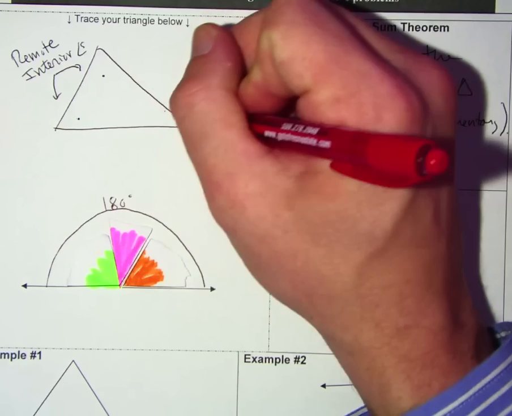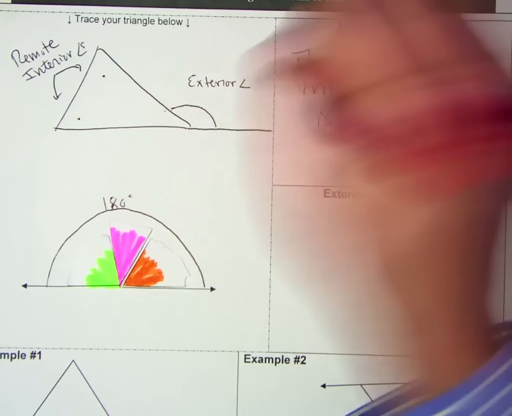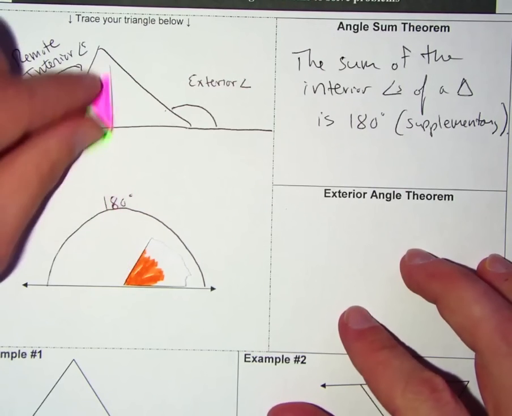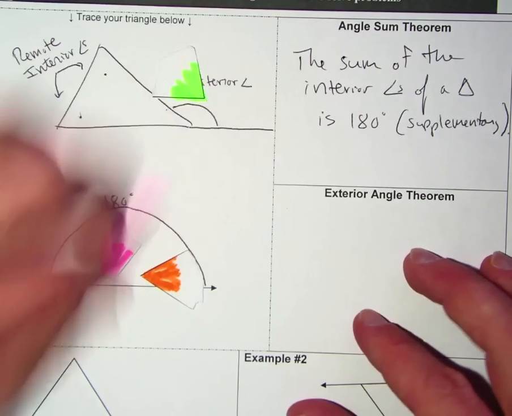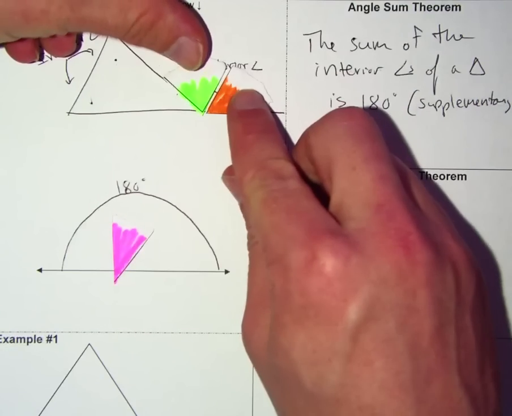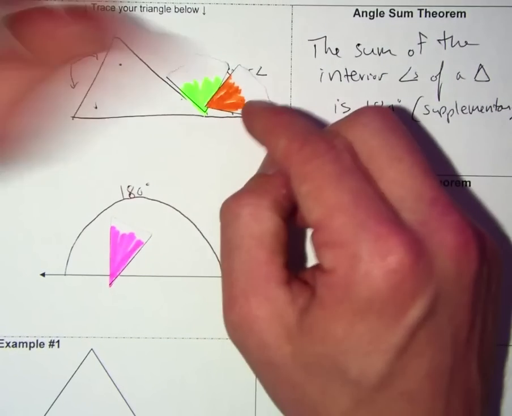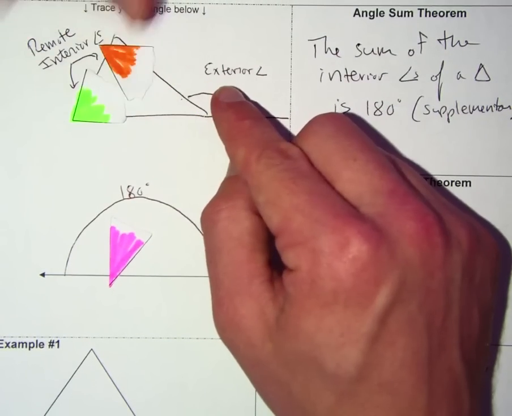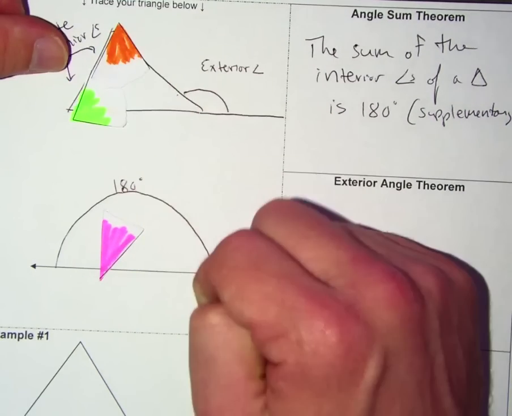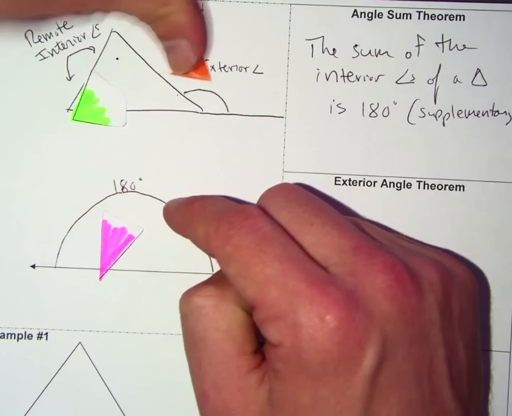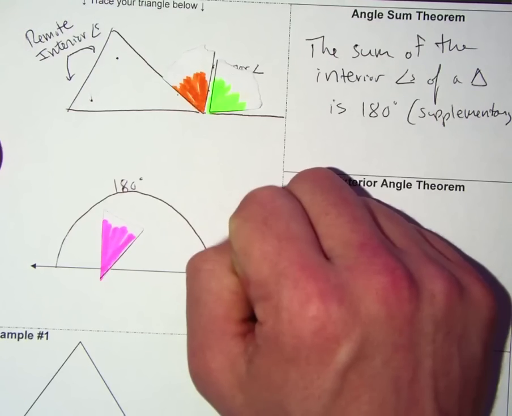So this angle out here is called the exterior angle. And it turns out if you were to take the two angles that made up these remotes and move them over here, they actually would make the exterior.